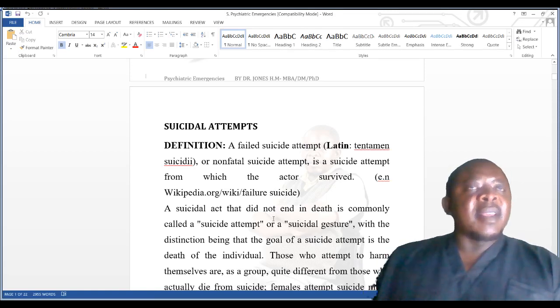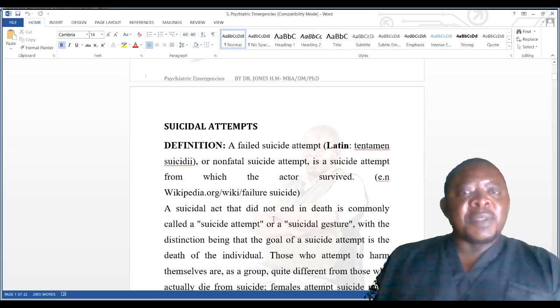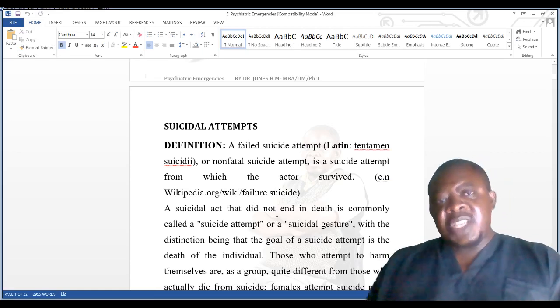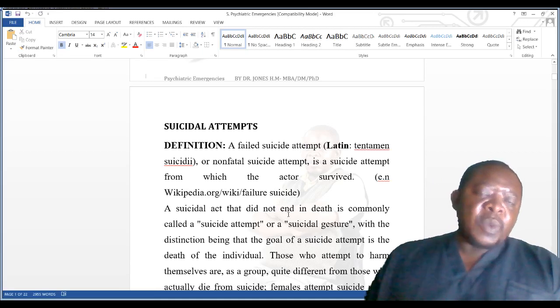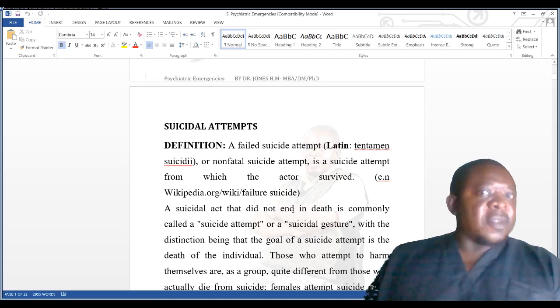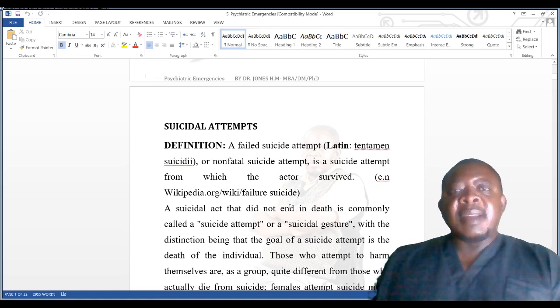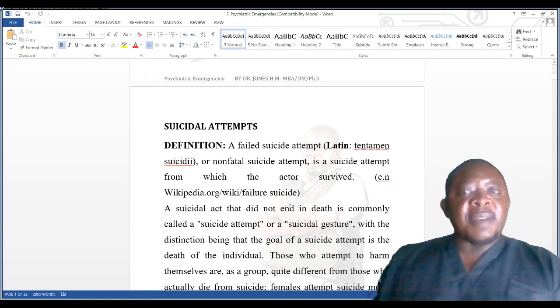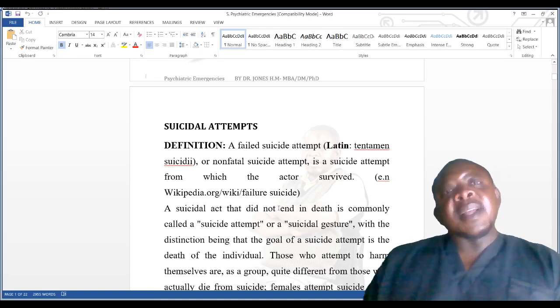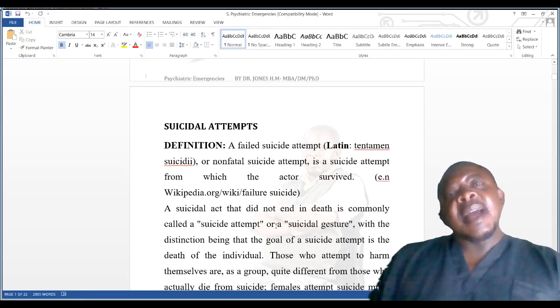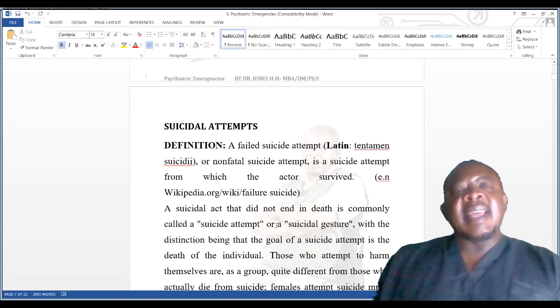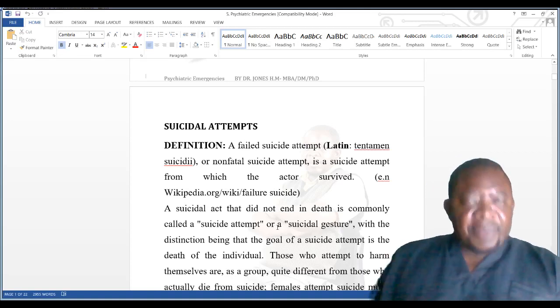The goal in substance abuse will be detoxification. But others try to take their lives by using a loop that is going to affect the airway and eventually also affect breathing. That is why we are discussing suicidal attempts and parasuicide as a psychiatric emergency.